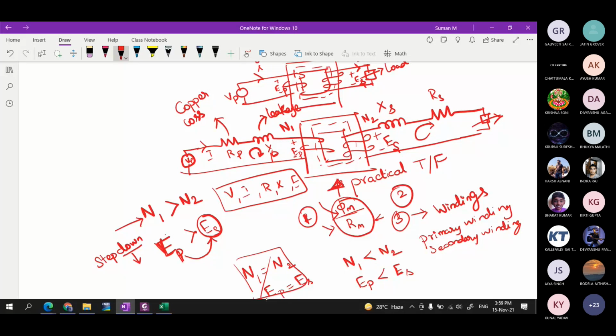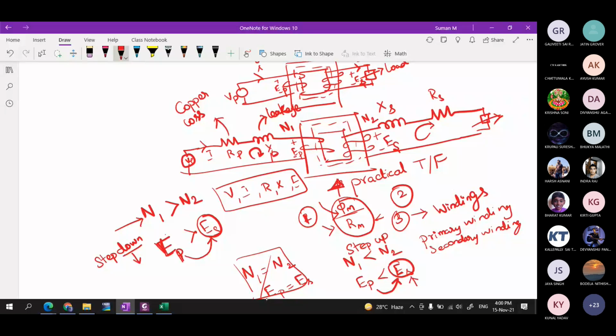This other case is considered step up voltage, where the primary voltage is less than the secondary voltage. In another way, the secondary voltage is higher than the primary voltage, so you call it a step up. Step up or step down, we tell in terms of the secondary.